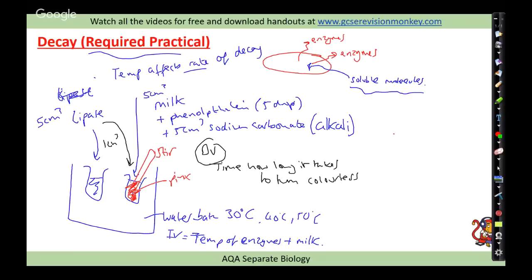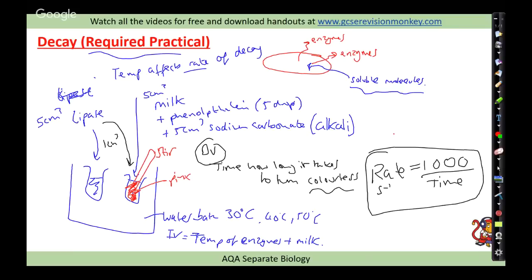And then we can change our temperature, repeat it again, and so on and so forth. Because we're not measuring a certain thing for rate, we're just measuring the time it takes to change colour, this is where that funny equation, rate equals 1,000 divided by time, comes in, which gives you a rate per second of decay.